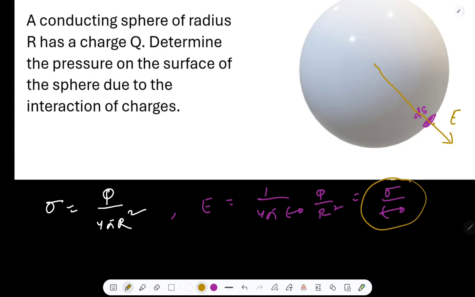If you want to consider this small patch, this point is too close to it, and the patch can be considered as an infinite plane for this point. At this point, the small patch will produce an electric field, which you can write as E dash, and that will be nothing but sigma by 2 epsilon naught.